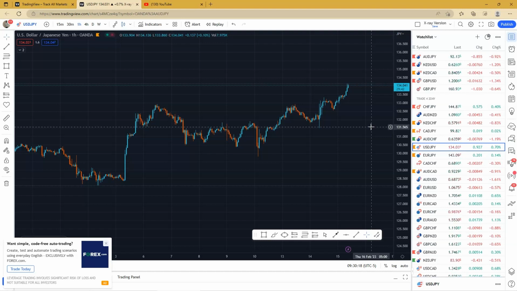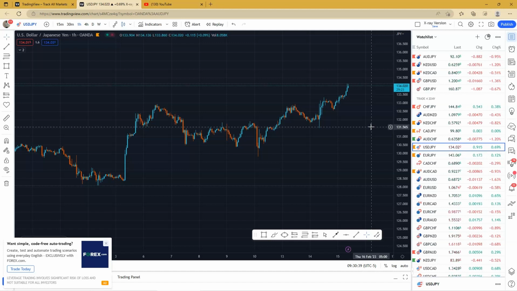So basically, the whole strategy is we're looking for the daily open. We want price to be trading above the green bar, and we want to retest on that bar.